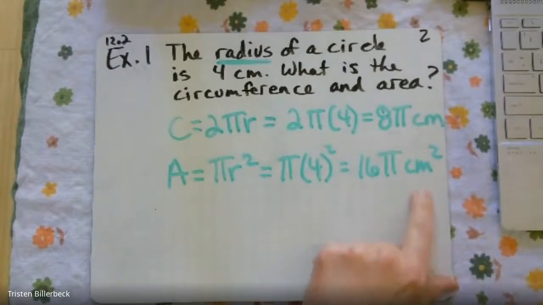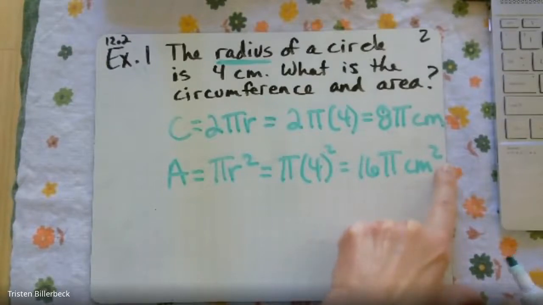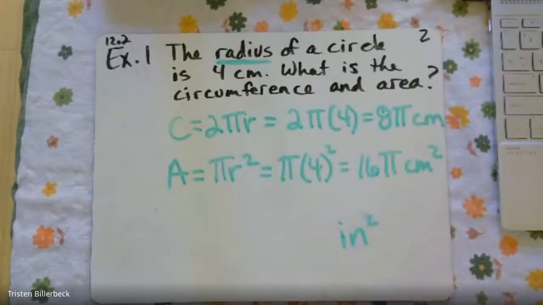Now, isn't it interesting that when we do say metric units, we say centimeters squared, but how do we say this one? We say inches, square inches usually. We usually don't say inches squared, we say square inches. Square feet when we talk about carpet. How many square feet is that?